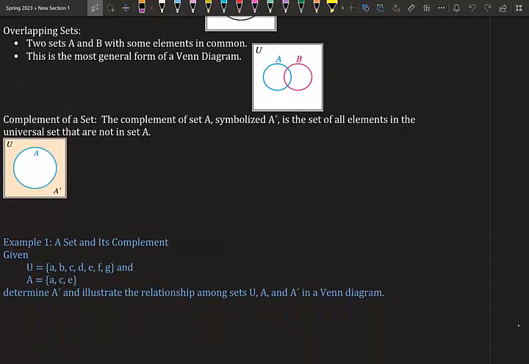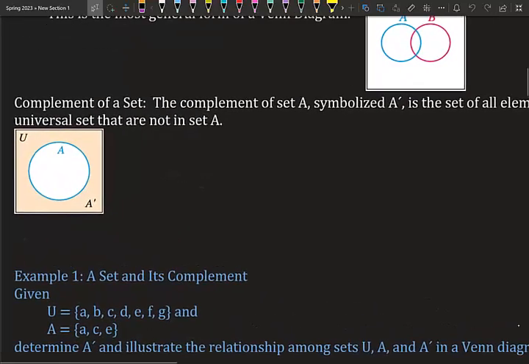The complement of a set, symbolized A with the little apostrophe thing, is the set of all elements in the universal set that are not in set A. Now, that's going to make zero sense until we actually practice with it in example 1, but that is a visual representation. The shaded region is the complement of A. So if I say the complement of something, you're finding what's not that.